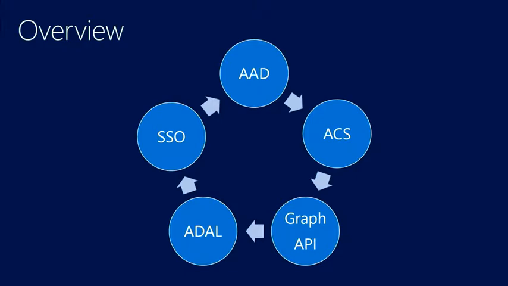ADAL, Active Directory Authentication Library, is a set of .NET classes that you can use to manipulate the attributes, mainly for native applications using web APIs. And finally, SSO, Single Sign-On, which is the holy grail of this exercise. Log in once, go to all the applications, you never have to authenticate again.